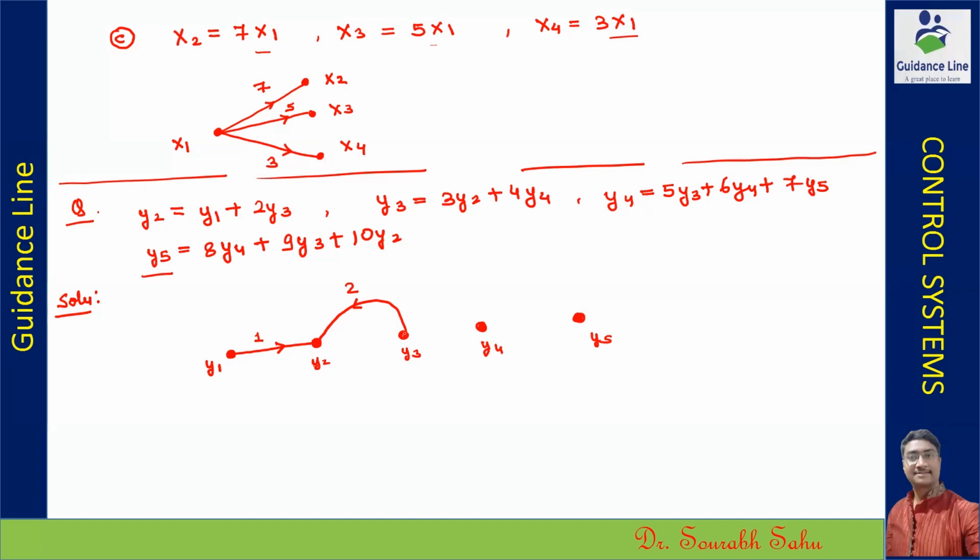Next we have y3, and in this particular y3 we have 3 times y2. So I connect these two nodes and multiply with 3 in the forward path. Then we have 4 times y4.